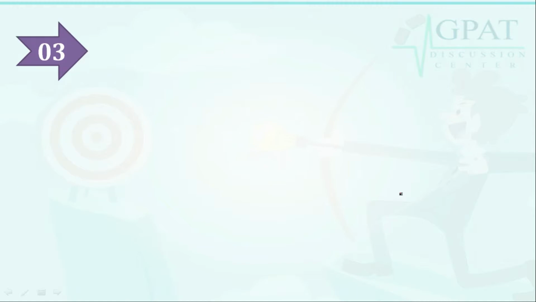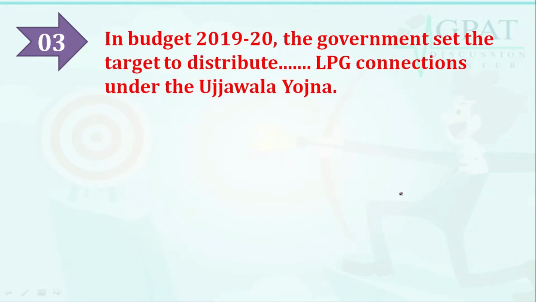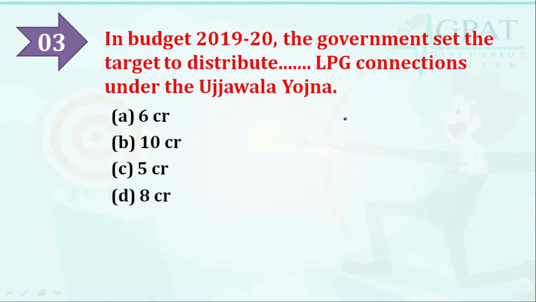The next question is: in the budget 2019-20, the government set the target to distribute LPG connections under the Ujjwala Yojana. The options are A, 6 crore, B, 10 crore, C, 5 crore, or D, 8 crore.